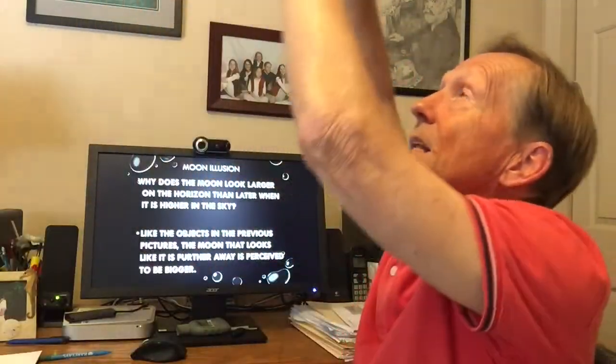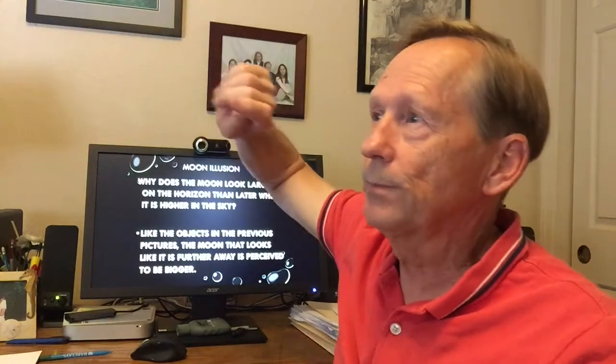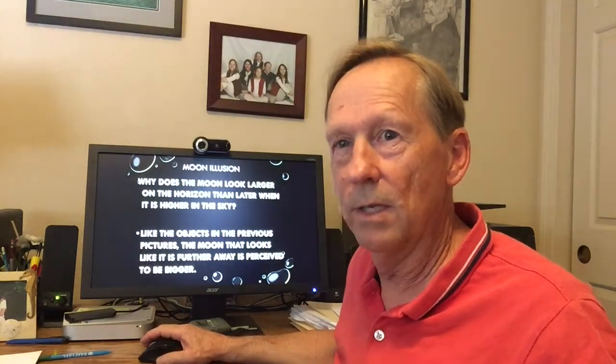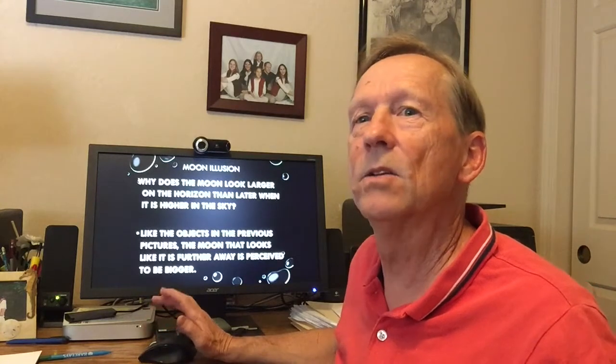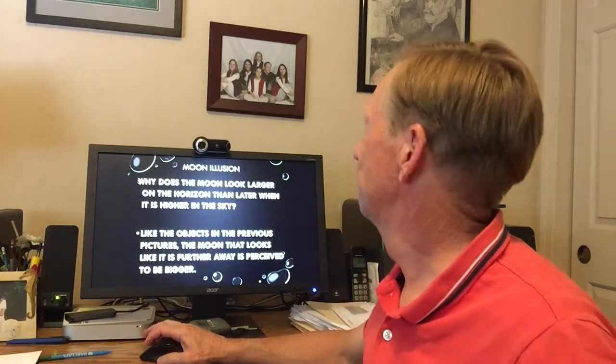The moon up in the night sky looks like it's actually closer than it really is. So we underestimate how far away it is from us. The one on the horizon, we overestimate how far away it is from us. And so we perceive it as being bigger than it actually is. So the moon on the horizon is not actually bigger. It's not actually closer. It's not actually further away. It just looks like it's further away. That's the reason why we perceive it as being bigger.